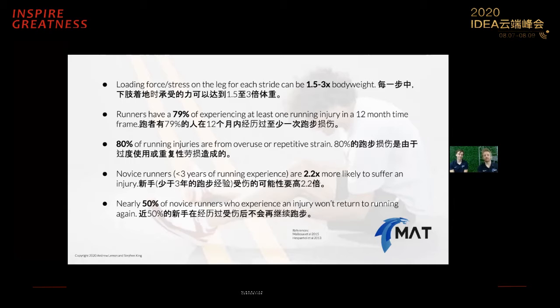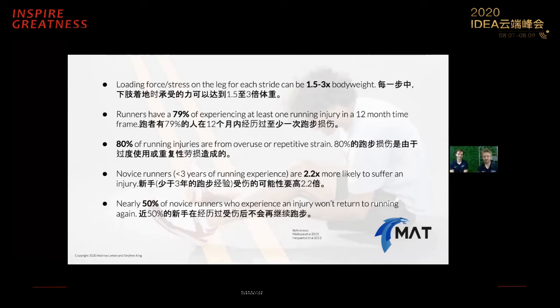So this is particularly all of those people who have just started running as a form of exercise in the current world environment.